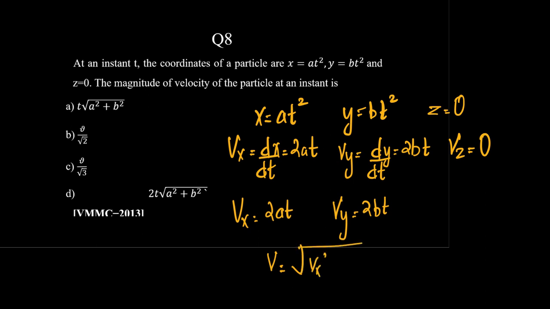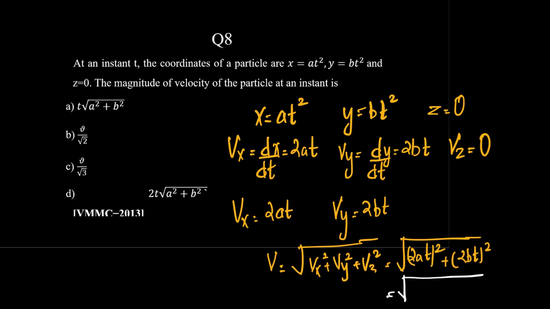Root of Vx square plus Vy square, ideally plus Vz square, which is equal to root of 2at the whole square plus 2bt the whole square, which is equal to root of 4a square t square plus 4b square t square, which is further equal to, if I take 4t square common, what do I get?